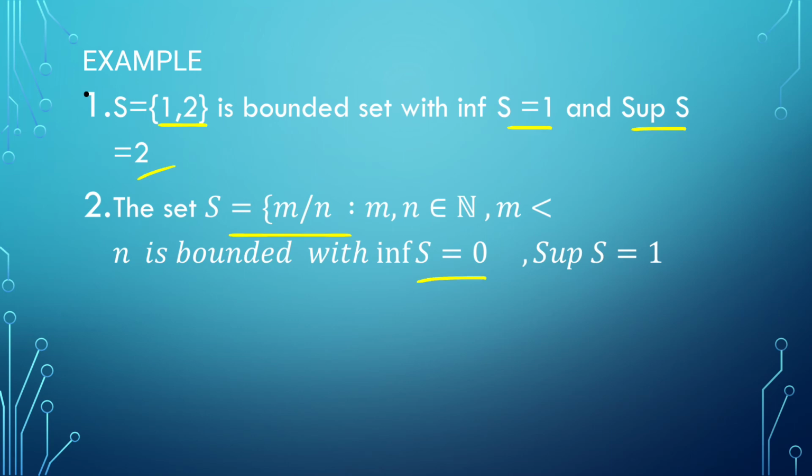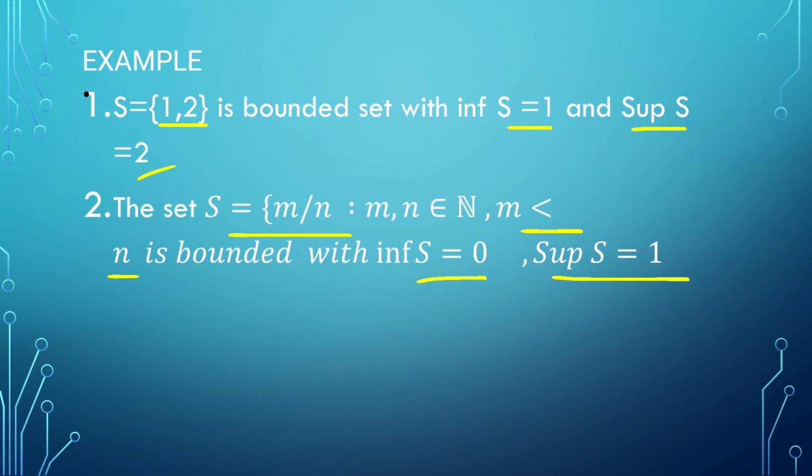So look at this condition here. If you take all those possible numbers, the highest is 1. What do we mean by this?